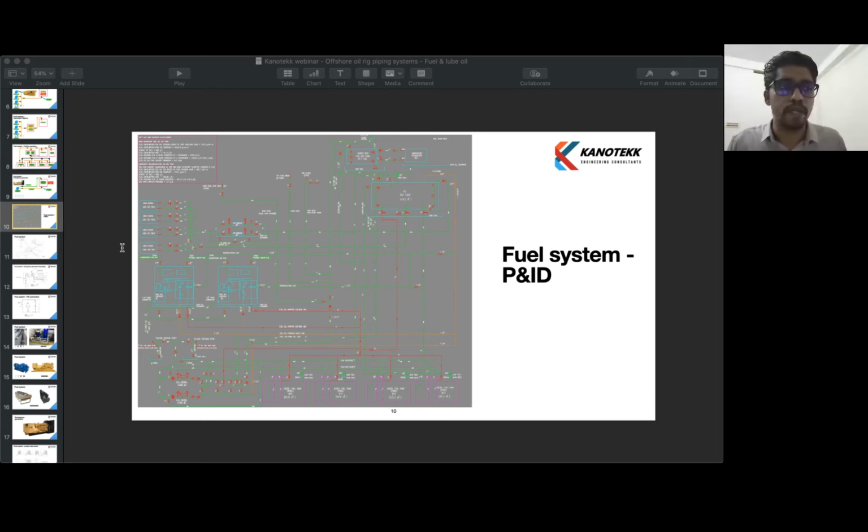There will be two strainers, which separate water from the fuel oil. So strainers are provided in addition to the equipment by the system. That depends on the client requirement. If the design criteria ask for strainers, we provide additional strainers.